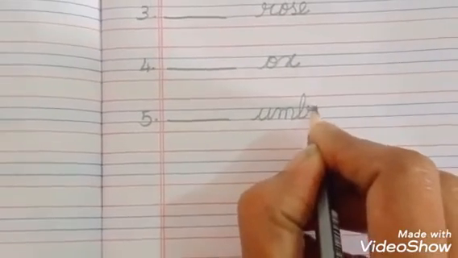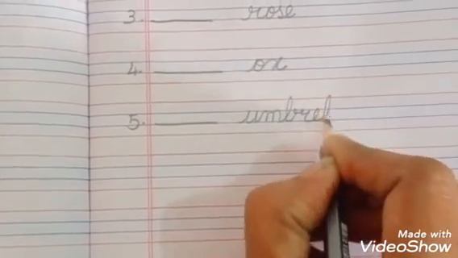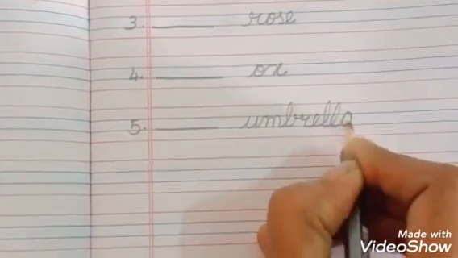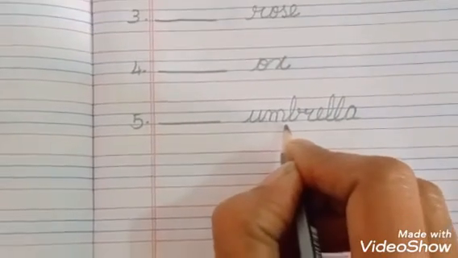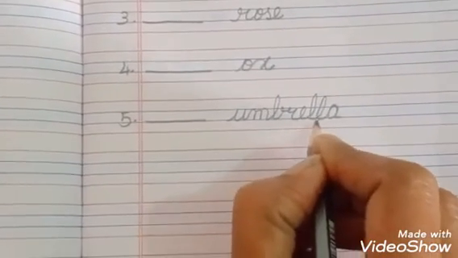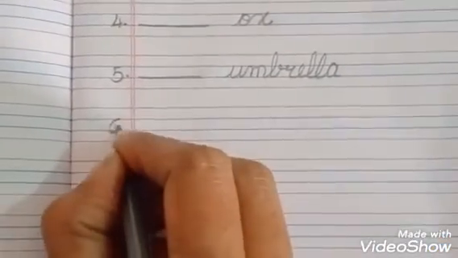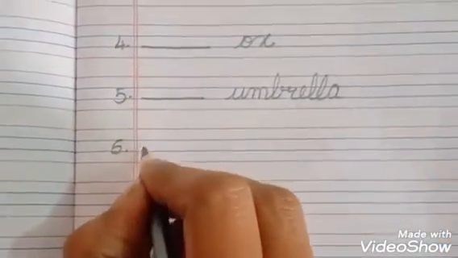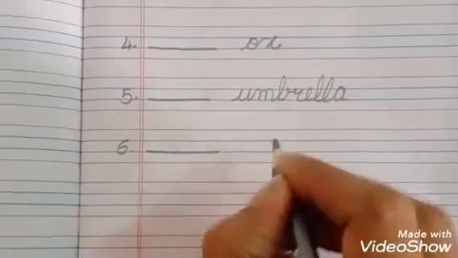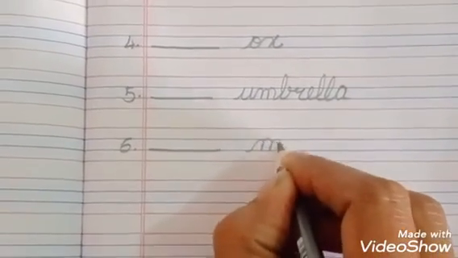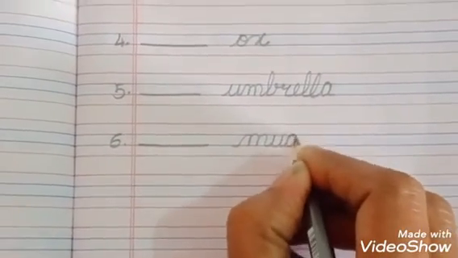Then number 5, dash umbrella. Write slowly, okay? Then number 6, dash mug.